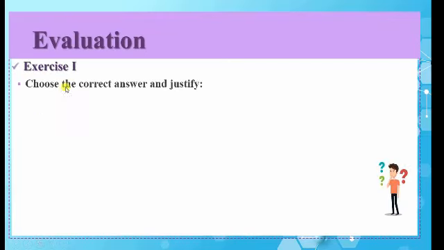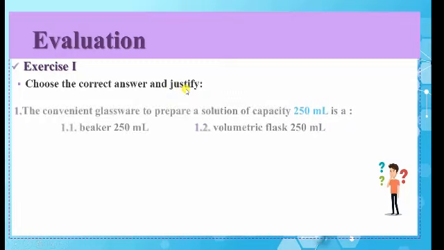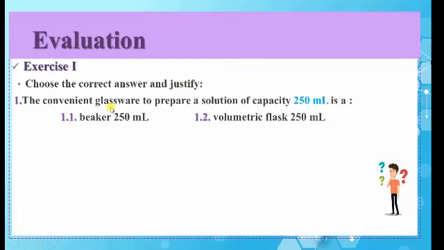Okay, exercise number 1. Choose the correct answer and justify. The convenient glassware to prepare a solution of volume 250 milliliters is a 250 milliliter beaker or a 250 milliliter volumetric flask.